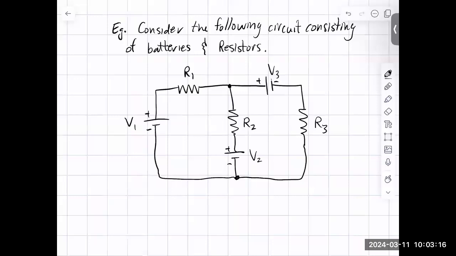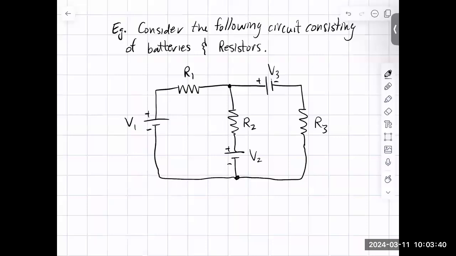So usually in this type of problem, what we're going to have is 3 unknowns. Typically you might be given the voltages of the batteries and the values of the resistors, and the question would be, what are the different currents in this circuit?